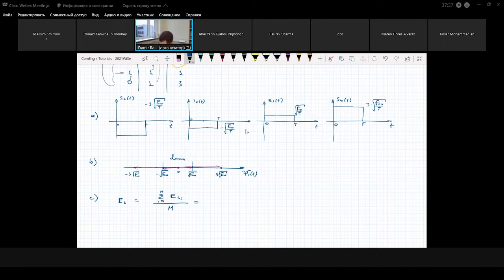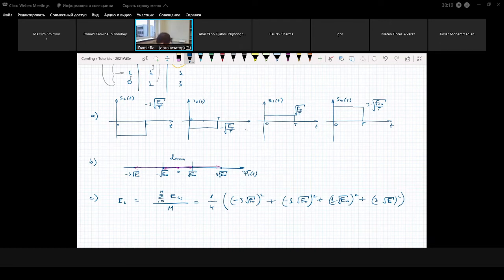We get 1/4, because we divide by the number of symbols, times minus 3 square root of E0 squared, plus minus 1 times square root of E0 squared, plus 1 times square root of E0 squared, and finally 3 times square root of E0 squared. This is the energy of each component.